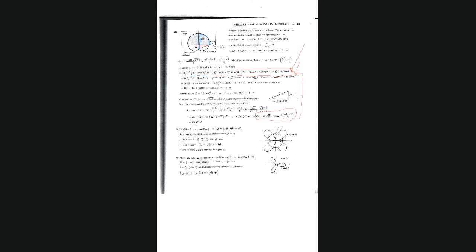Once you get to this expression in the box, you could use your calculator to approximate that area and get the approximate decimal of 204.16.